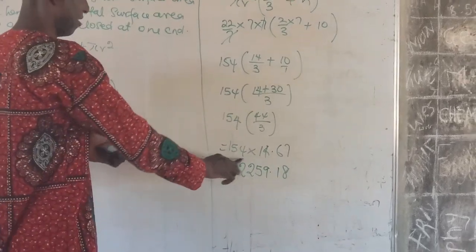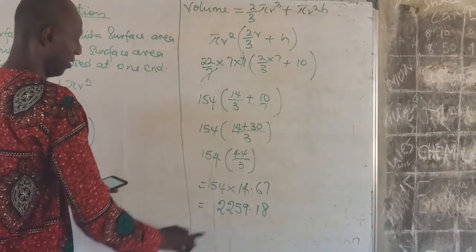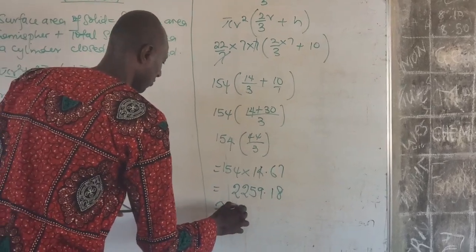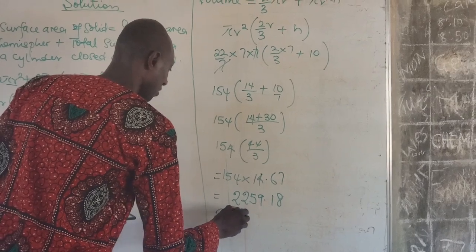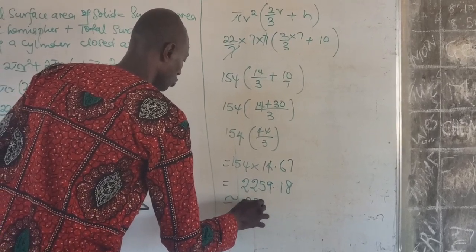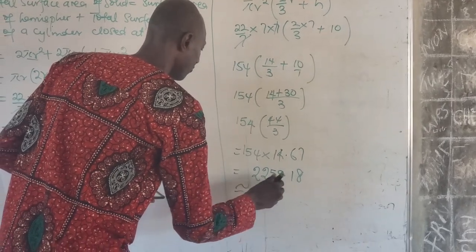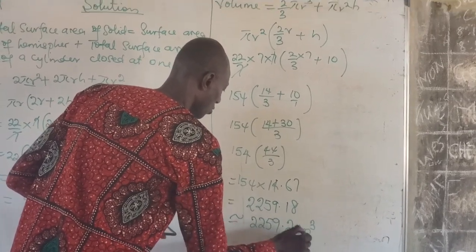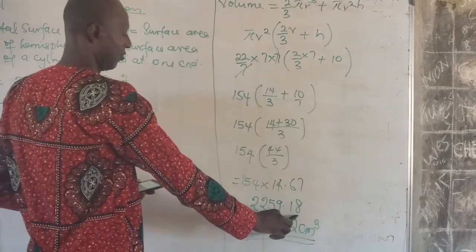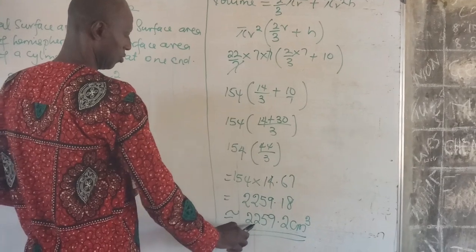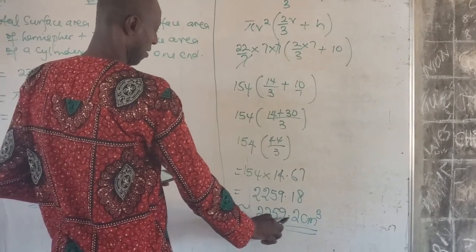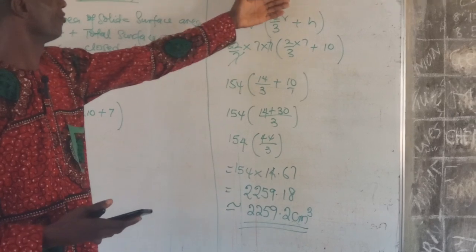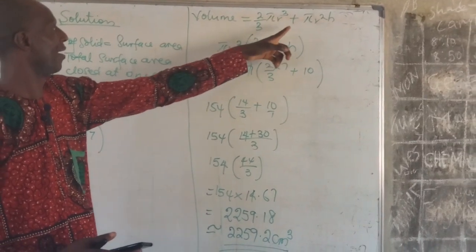So when you multiply 154 times 14.67, it gives us 2259.18. Let us approximate to one decimal place, which is 2259.2 centimeter cube.